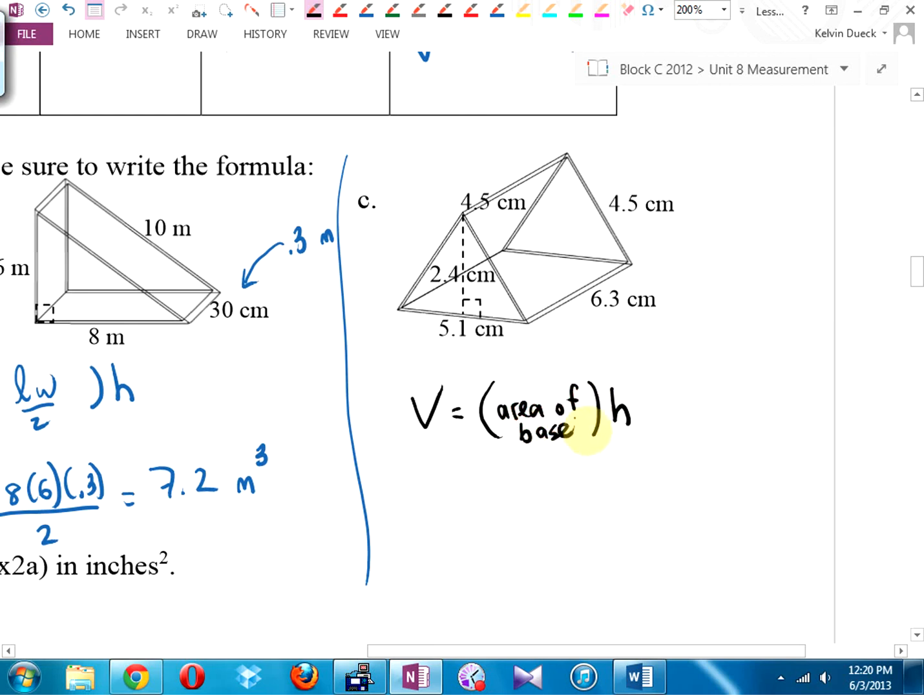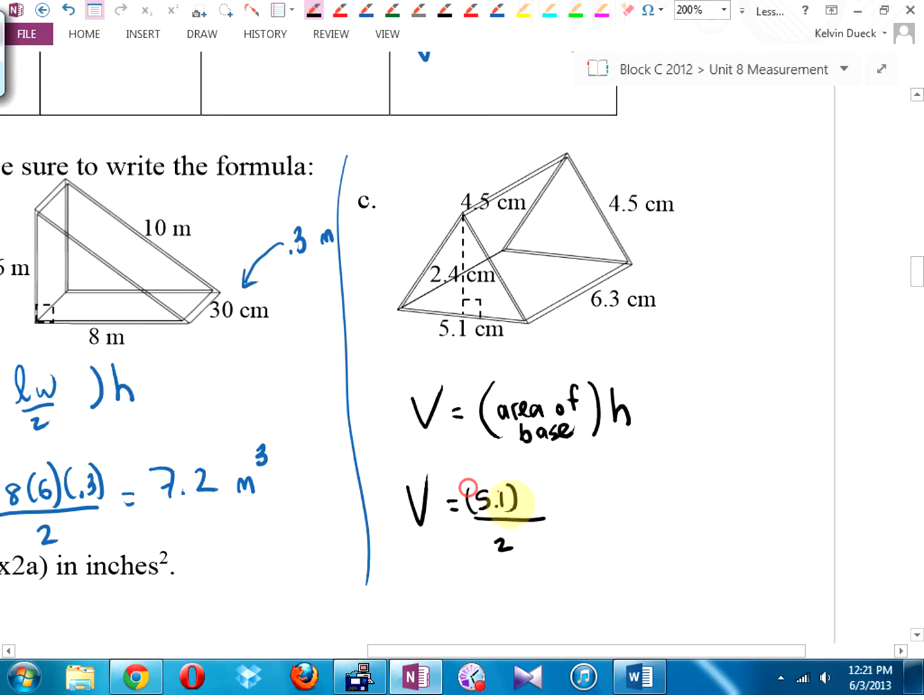Is that correct? Okay. So we can also write that as our equation. What's the area of the base? What shape is the base? Triangle. That's going to be what times what divided by 2? More specific in this question. Numbers.